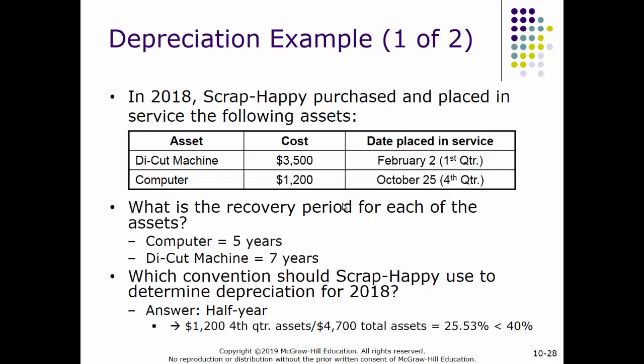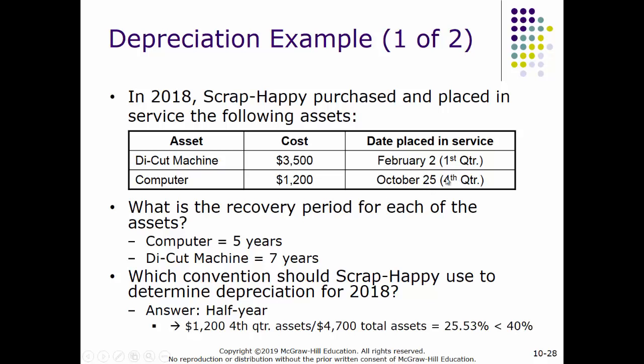Here's an example of a company that buys 2 assets, a machine and a computer, and the cost is given as well as the date those assets were placed in service. We also need to know which quarter that is. So February is in the first quarter of the year, October is in the fourth.